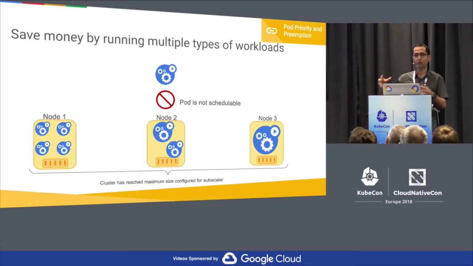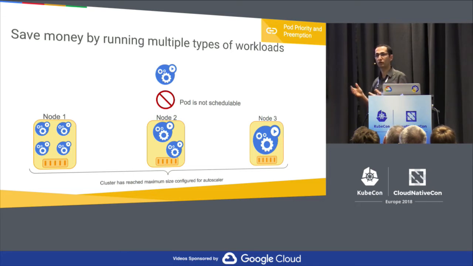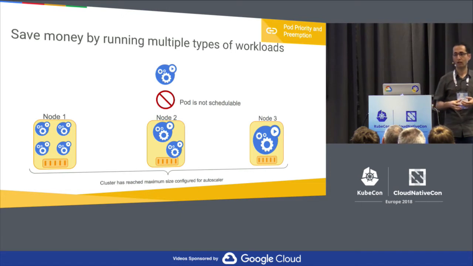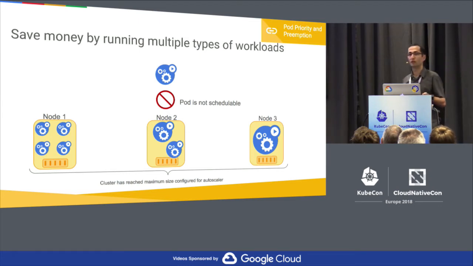In a cluster where all the pods have the same priority, when the nodes are full and a new pod arrives, the pod cannot be scheduled anywhere. But how do you specify that some of these pods are more important than the others? For example, you may run your CI/CD along with your production workloads in the same cluster. Why would you do that? Because you want to raise resource utilization in your cluster.